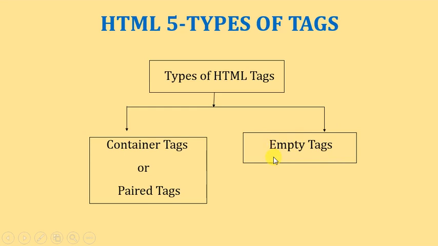What are the empty tags? Empty tags are tags that do not have an ending tag, also called standalone tags. For example, br tag, hr tag, img meaning image tag. These standalone tags you are going to learn in the next lesson. Here is a sample HTML5 program.